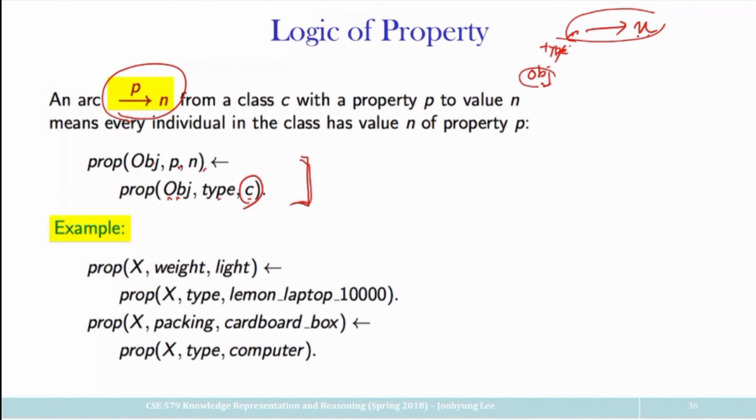Okay? So let's think about some example. So let's say we have Lemon Laptop 1000. Okay? So this is some object, right? And you can say that this is actually a class.